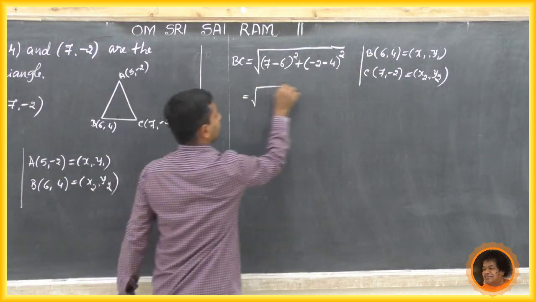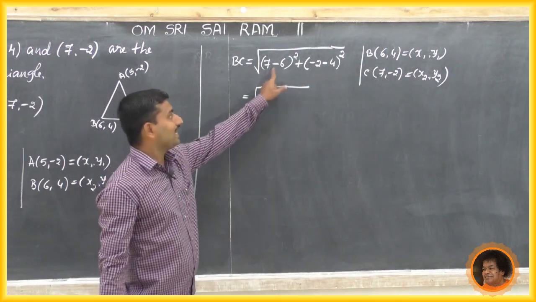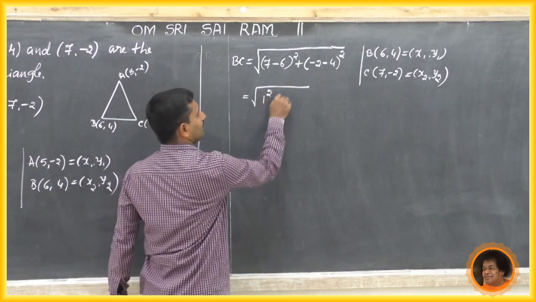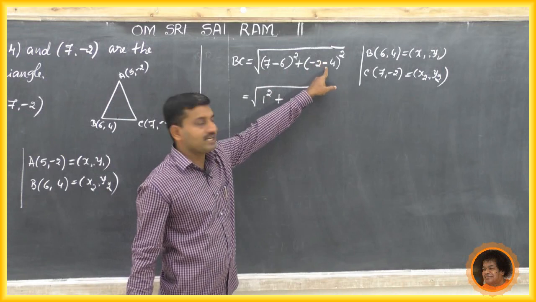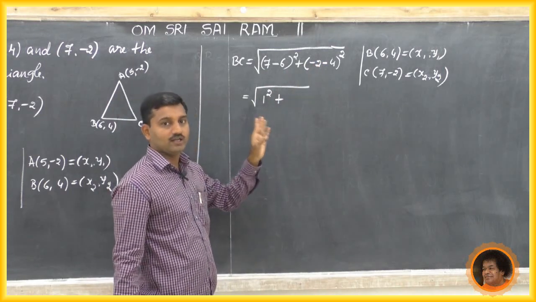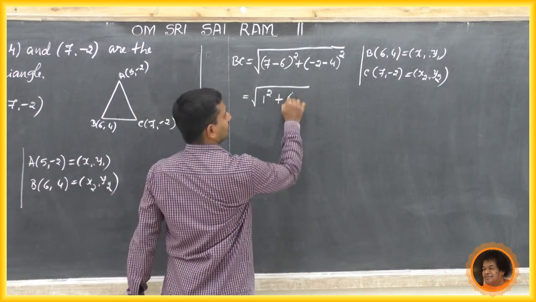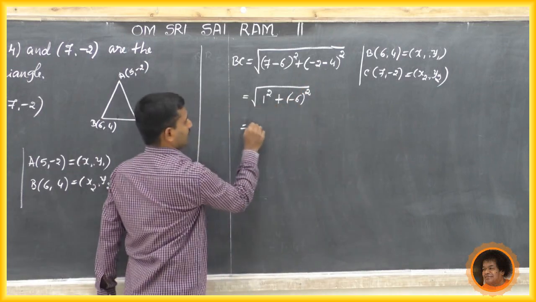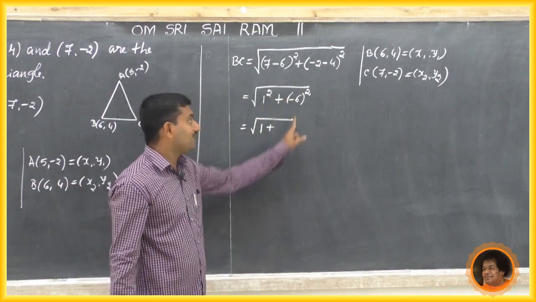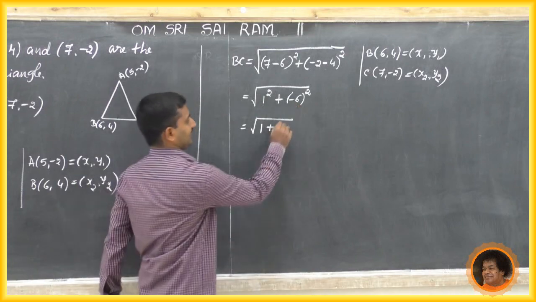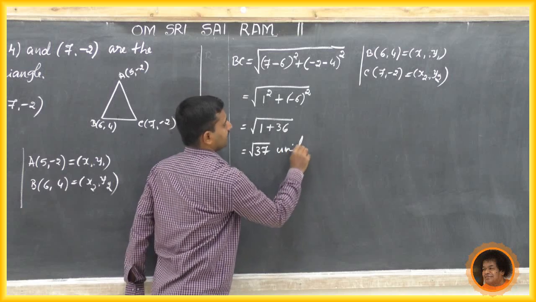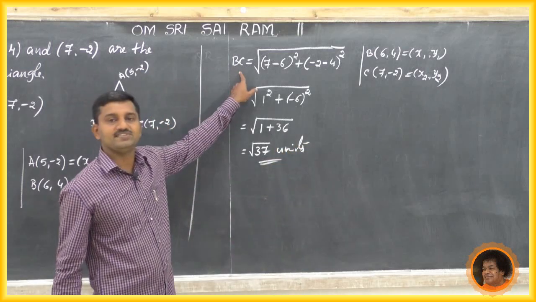Now simplify: 7 minus 6 is 1, so 1 square, plus -2 minus 4, that is -6 whole square. So equal to square root of 1 plus 36, equal to square root of 37 units. So this is the distance BC.